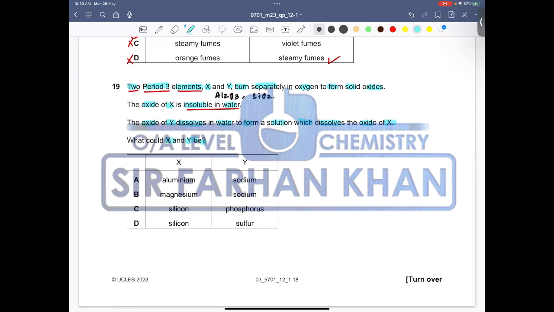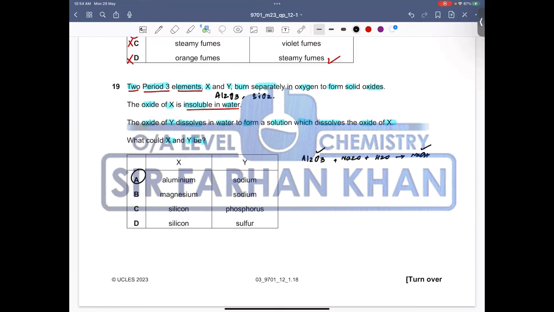If aluminum is X, it forms aluminum oxide, which is insoluble in water. The first part of the question is correct. The second part is the oxide of Y. Sodium can form sodium oxide. It is soluble in water, giving you sodium hydroxide. And this sodium hydroxide can react with aluminum oxide because aluminum oxide is an amphoteric oxide. So guys, that means A is going to be the right answer.